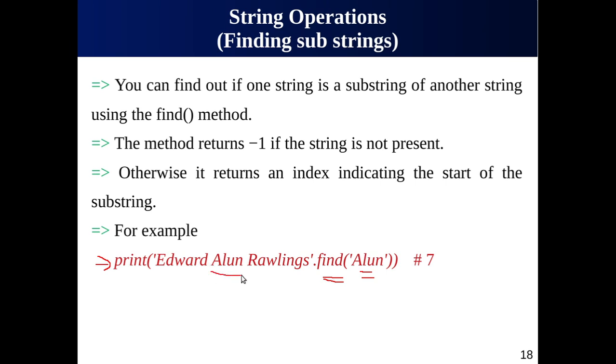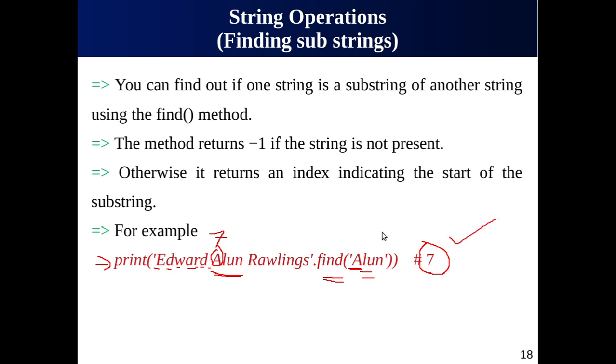As Alan is present in this string, the output is the index of the first character of the string that you want to find. The first character is A. What is the index? Let us count: 0, 1, 2, 3, 4, 5, 6, and then 7. So we have found the substring for which we were looking, and the starting index of the substring is 7.